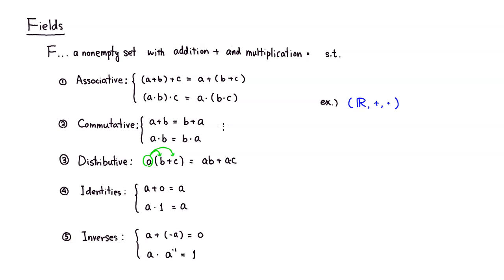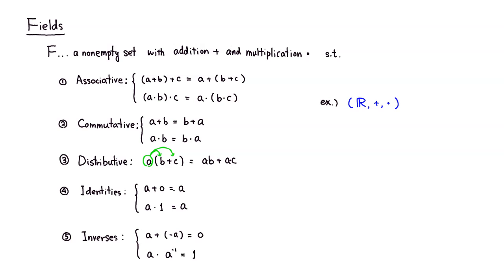To become a field, there must be an identity element. So 0 is the additive identity, which has this property: for any element A, if you add 0 to it, it's not going to change anything.